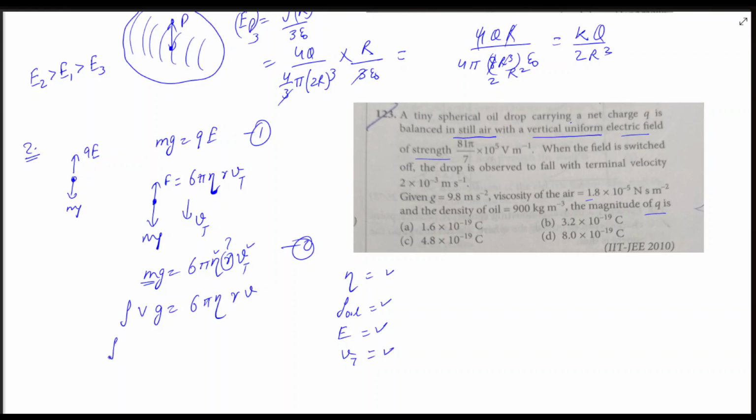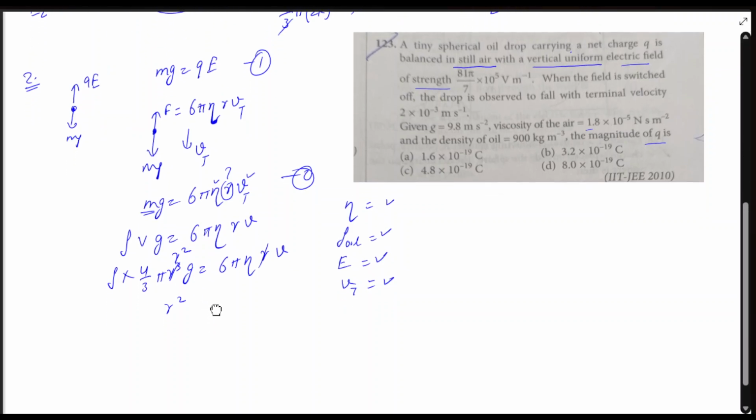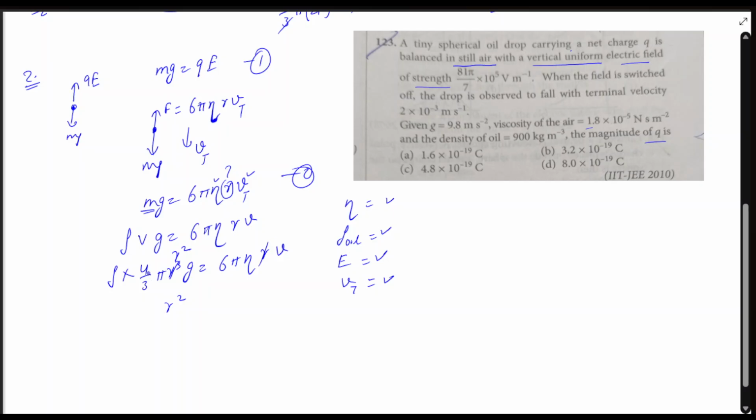Now this density we have. Volume, what can we write more for the volume? 4 by 3 pi r cube rho g is equal to 6 pi eta r v. So r, this will be r square. So from here we can get r, right? What will it be? r square will be, we can cancel. This will be 2, this will be 3. So it will be 9 by 2.